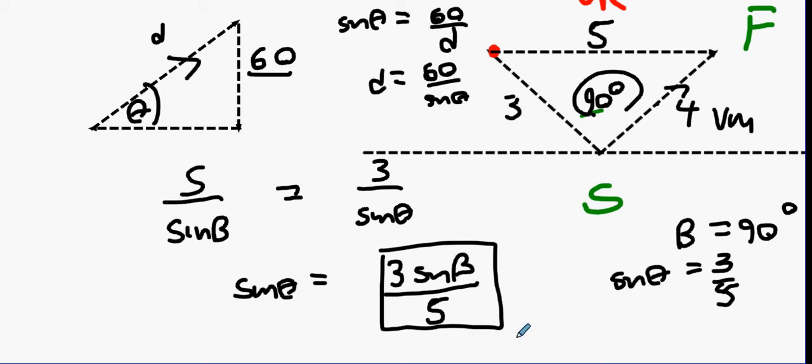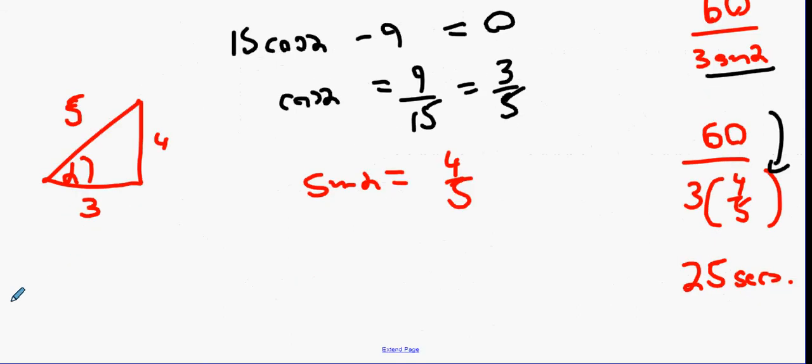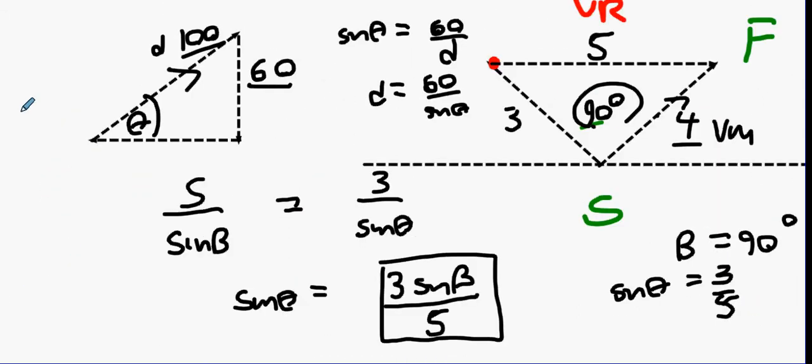So 60 divided by 3 over 5 is 100. Is everybody happy with that? So you cover 100 meters on the diagonal, but you cover that at 4 meters per second. So what would that mean? 100 divided by 4? 25 seconds. Exactly the same answer we got last time. Okay, let's move on.